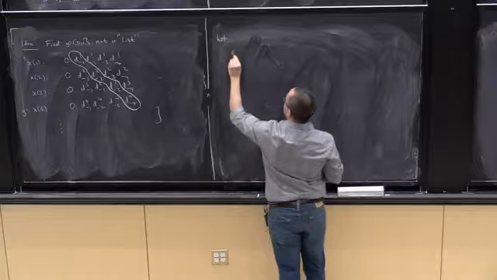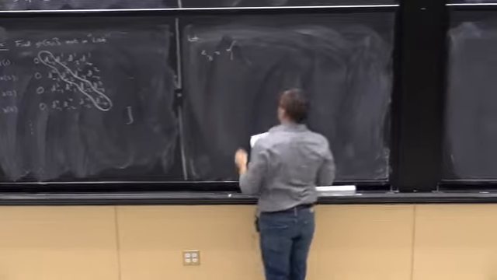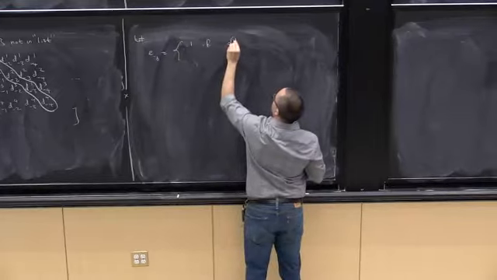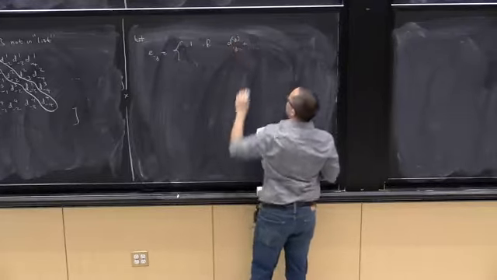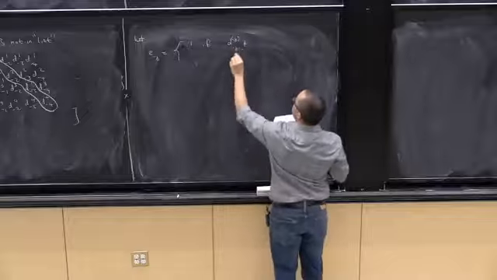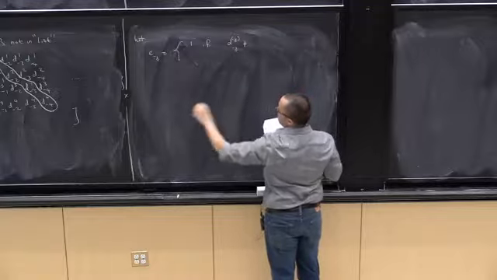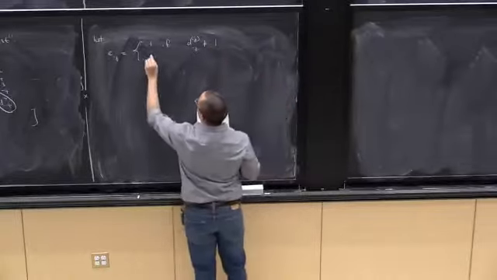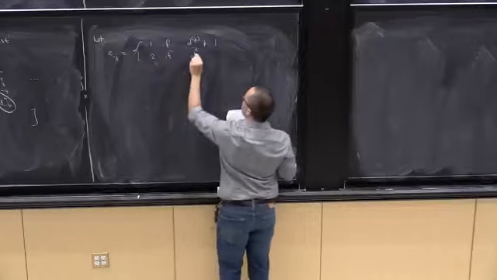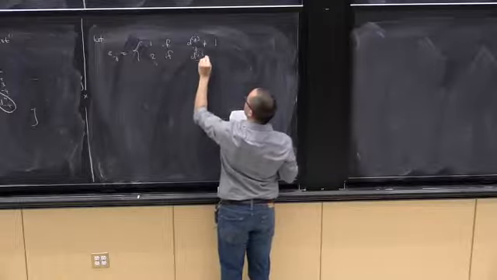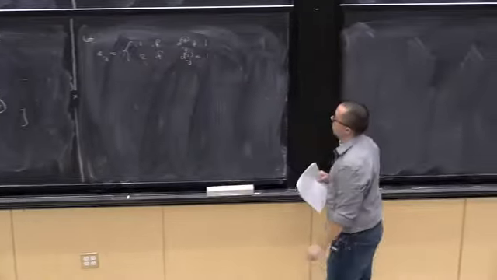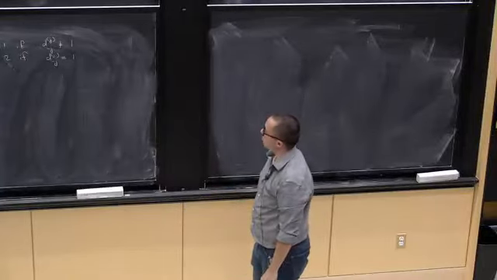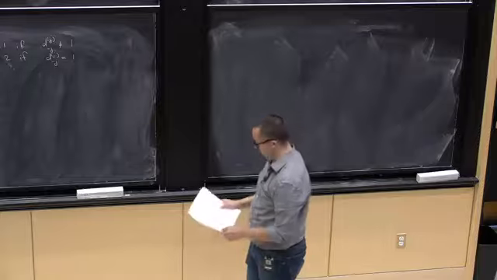Let e_j be 1 if the jth digit of x_j does not equal 1, and 2 if the jth digit of the jth guy in that list, x_j, does equal 1.